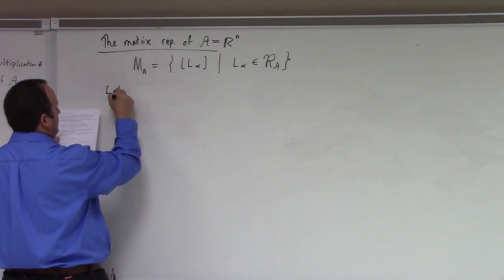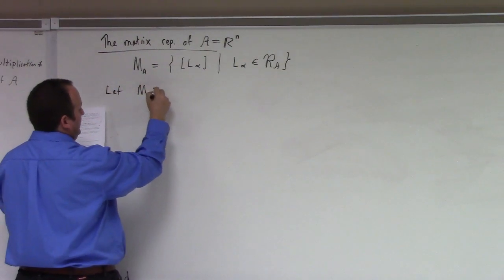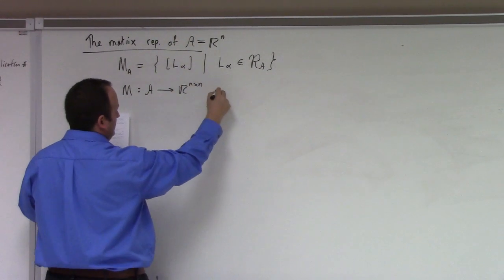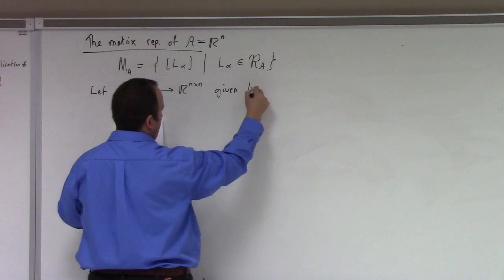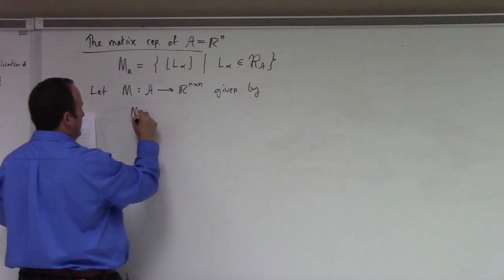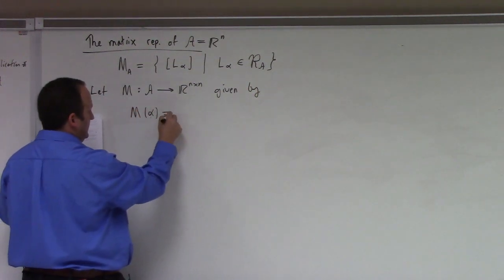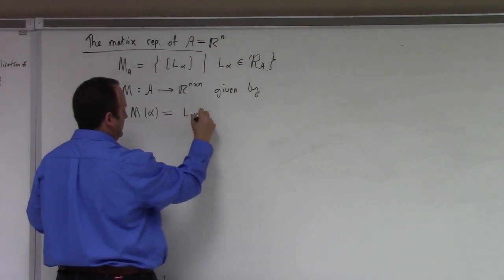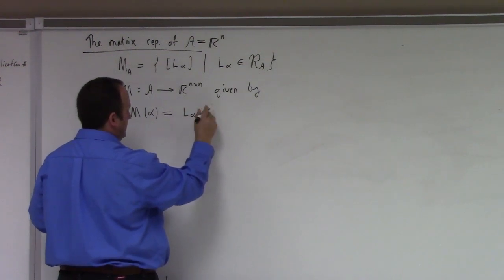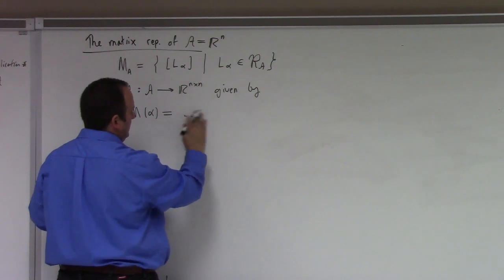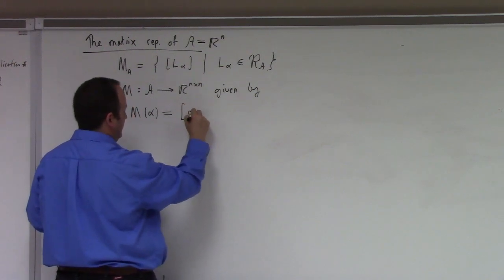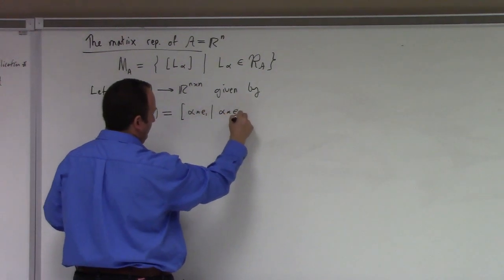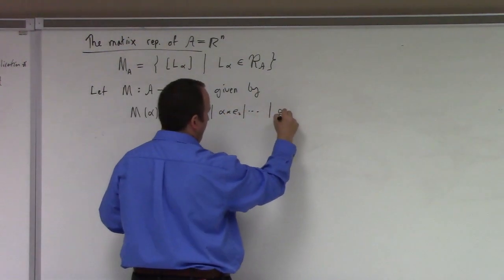And I also define a map. I say M is a mapping from A to R^(n by n) given by M of alpha equal to, to get straight to the point, alpha times E1, alpha times E2, up to alpha times En.